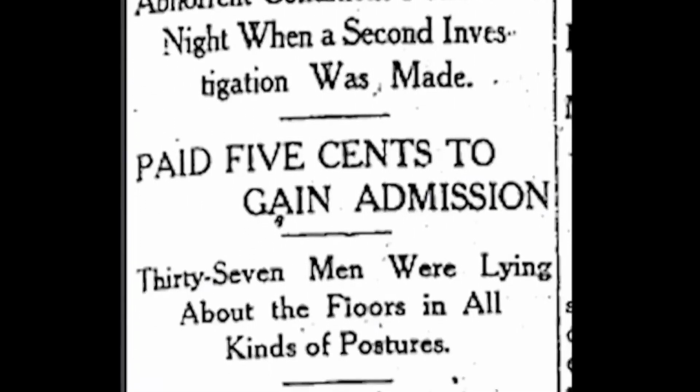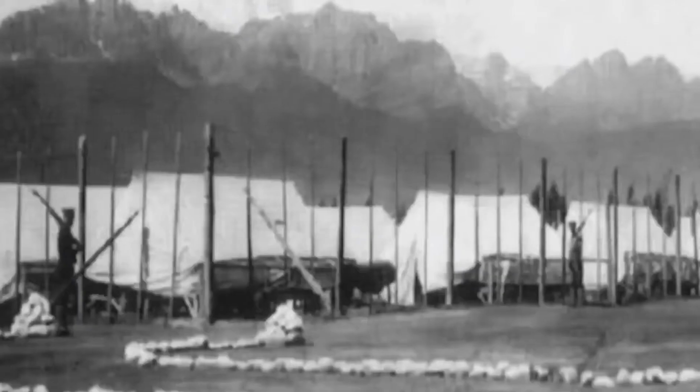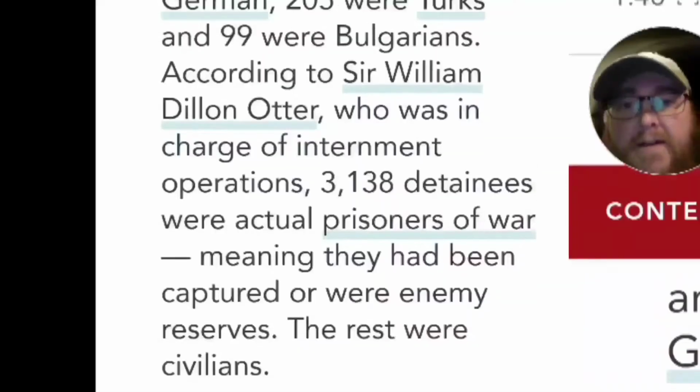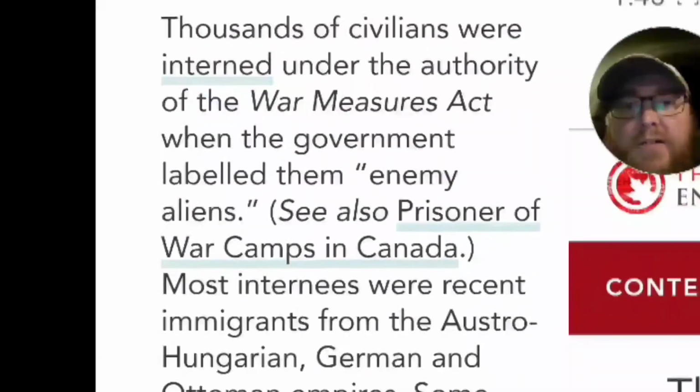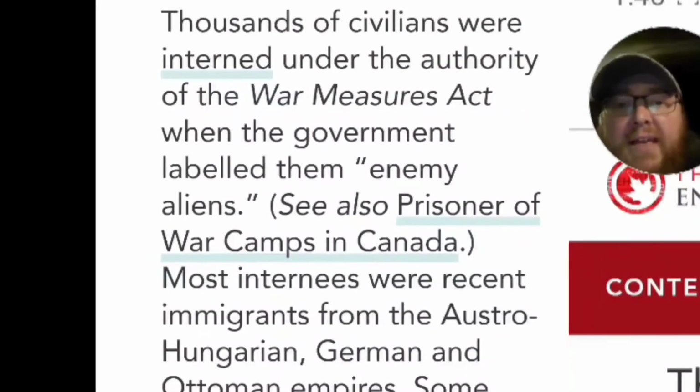These camps were heavily guarded by military personnel that had either already returned from the war or were unable to serve overseas. The camps were also fortified by fencing and barbed wire. And there was a term for them, something about alien. So what are they called? Oh, enemy aliens.